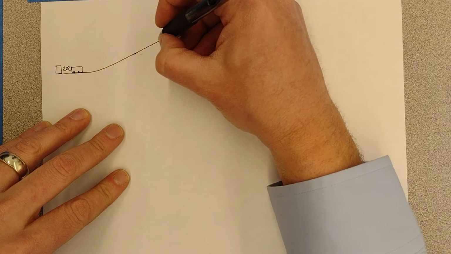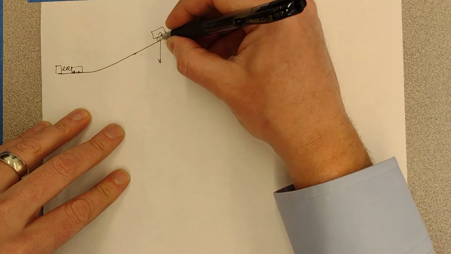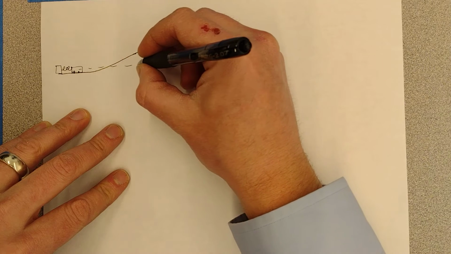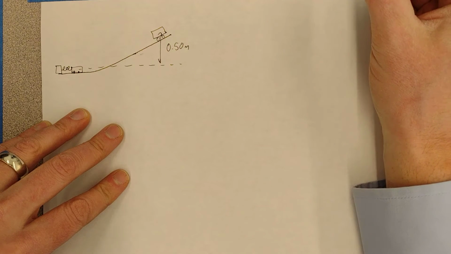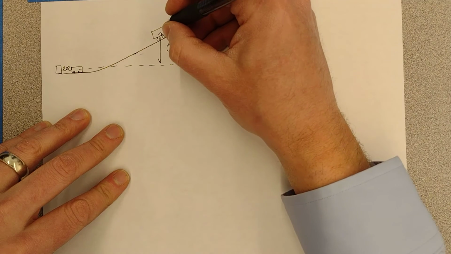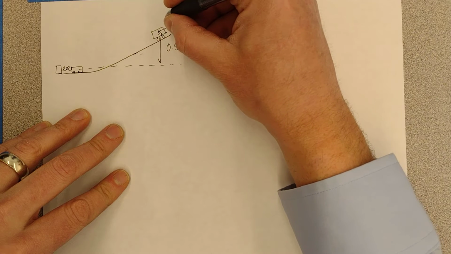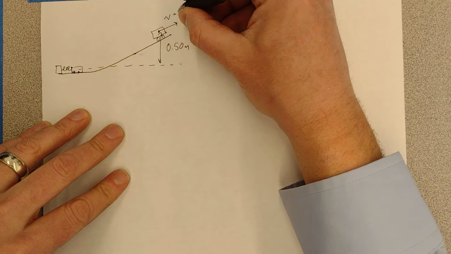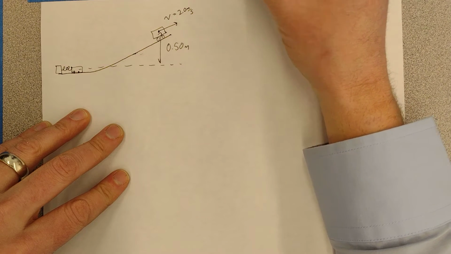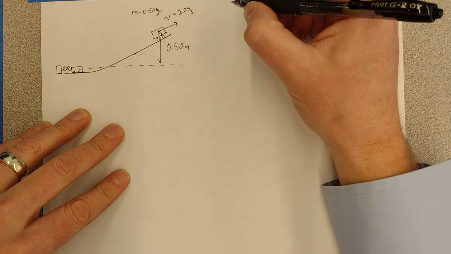Let's say it rolls up here about, oh, I don't know, 0.50 meters above its lowest position. Alright, and when it's there, it's still moving with a speed of 2.0 meters per second. Let's give it a mass of 0.50 kilograms.